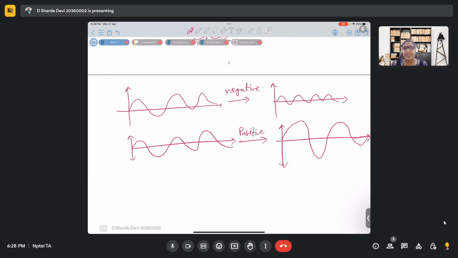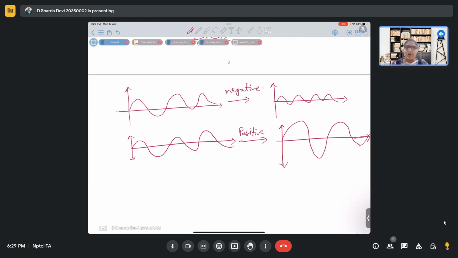But is there any input signal involved? No. So where are we getting that output signal from? We get a beautiful sine wave, right? Just talking about basic sinusoidal oscillators, we get beautiful sine waves out of the oscillator.